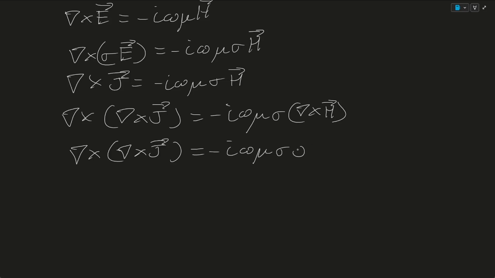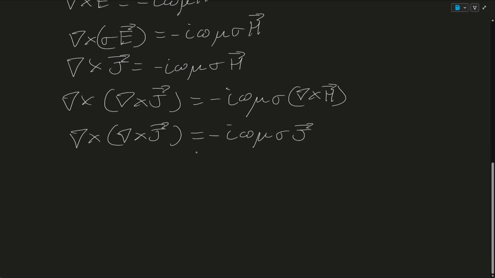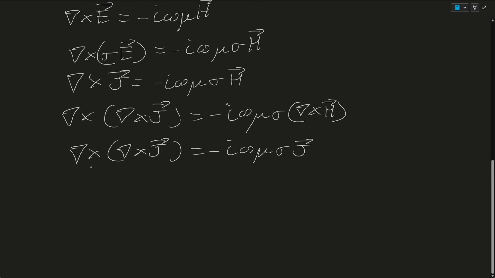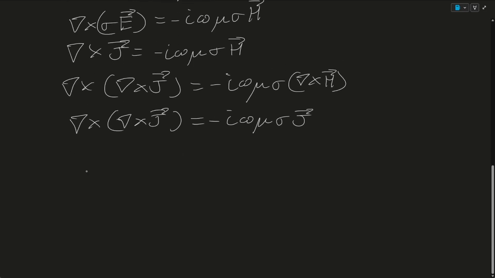I can just write J in there, which is useful to know, and actually this just becomes the Laplacian, minus the Laplacian even, by the continuity equation. And the net charge density in a good conductor just dissipates, free charge dissipates almost instantly, so net charge density is about 0.